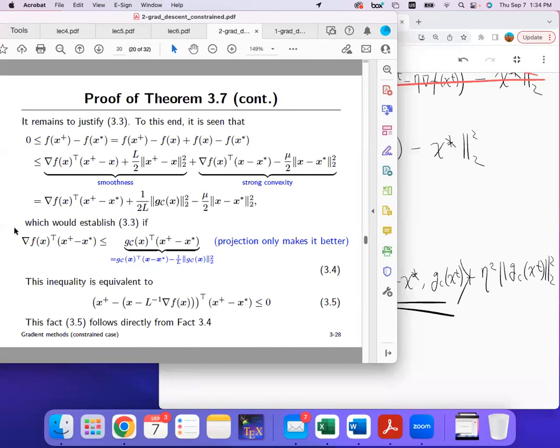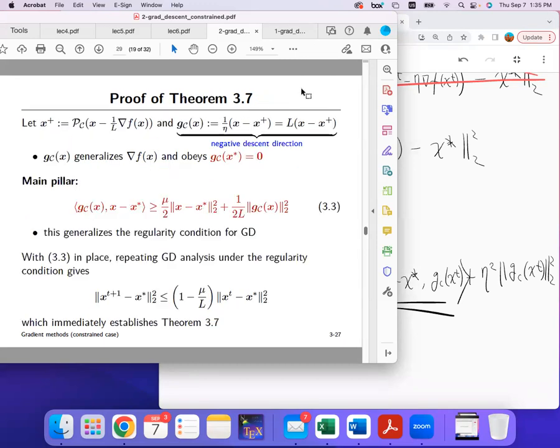This inequality directly holds, and we can just replace this term by the right-hand side, and the right-hand side can be further decomposed into two terms, and that will give us the final result. So this proves this key inequality, and with that, it's very easy to establish the convergence rate.